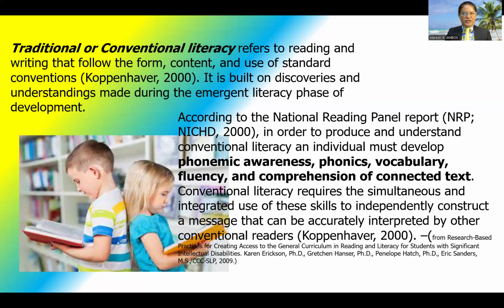Okay, and this conventional literacy requires the simultaneous and integrated use of these skills to independently construct a message that can be accurately interpreted by other conventional readers. So what's good here is there is the understanding now when they interpret what is written. And there is the integrated use of the skills that we have.